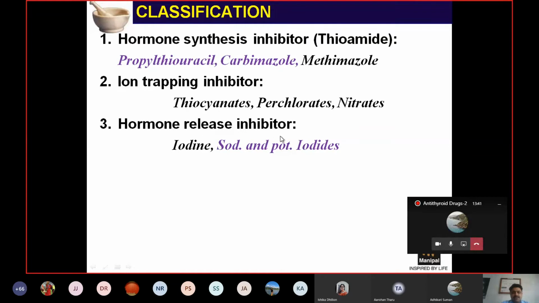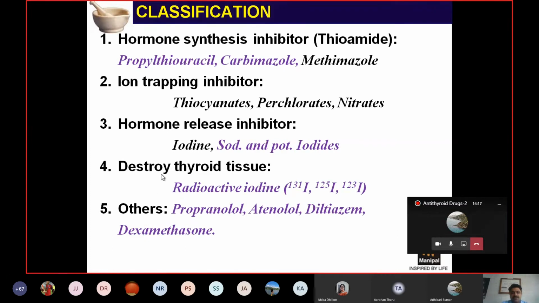And hormonal release inhibitors are there, but the action, as we talked about in last class, is not very reliable. When you give it, it will immediately stop the release of thyroid hormone, but if you continue after 10-15 days, there will be excessive release of the hormones. Since we have better alternatives in hyperthyroidism, this is not very commonly used.